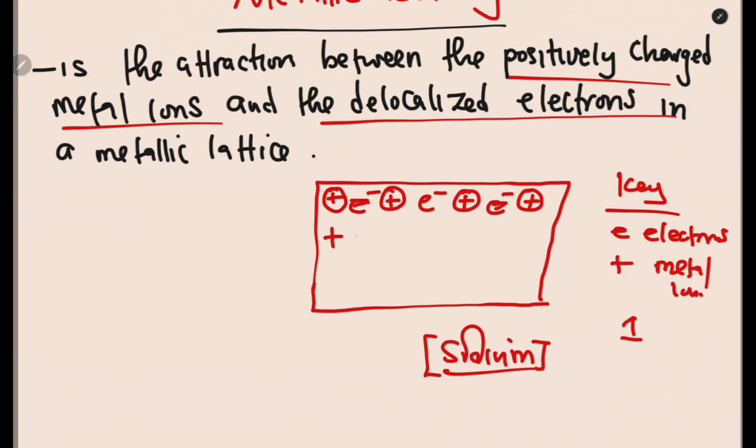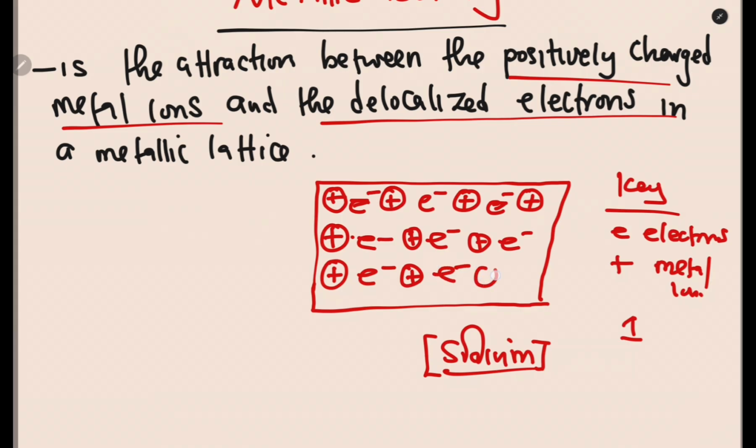So this is what happens within a metal. It loses electrons, and the electrons are freely moving within a metal lattice. Now these positive ions and negatively charged electrons start attracting each other, and that is what we call metallic bonding. So the positively charged ions and the negatively charged electrons attract each other within a metal, and that is what we call metallic bonding.